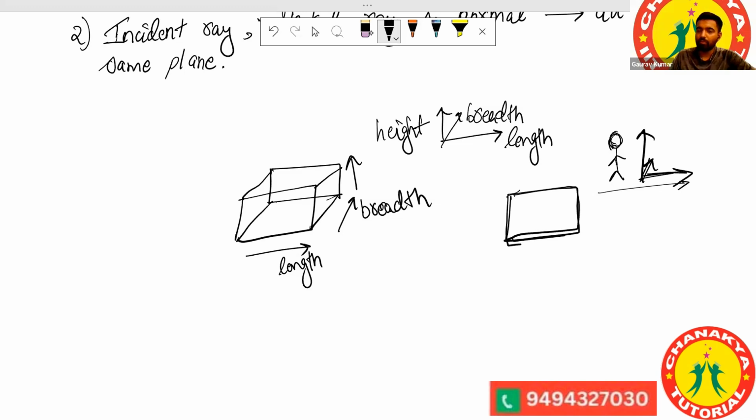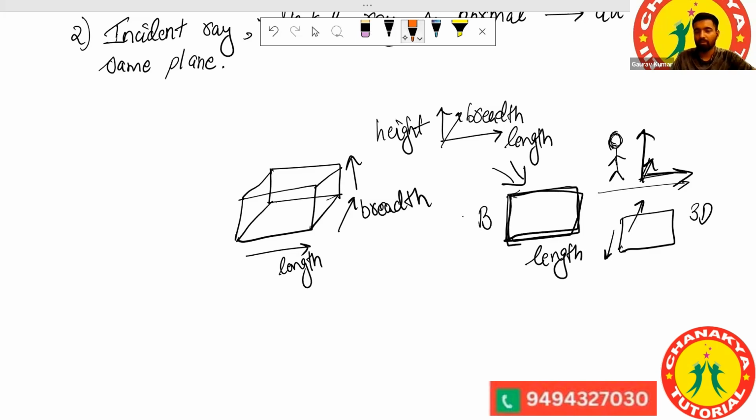But in 3D, we feel like things are coming out of the screen or going inside the screen. In 2D we only have length and breadth, but in 3D we feel those things coming out or going inside.